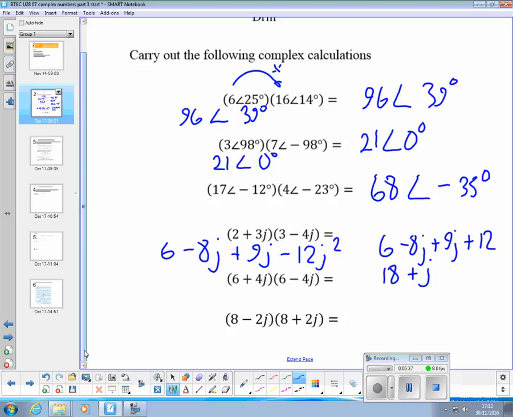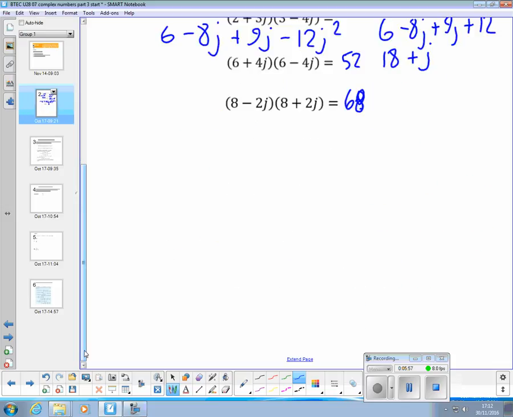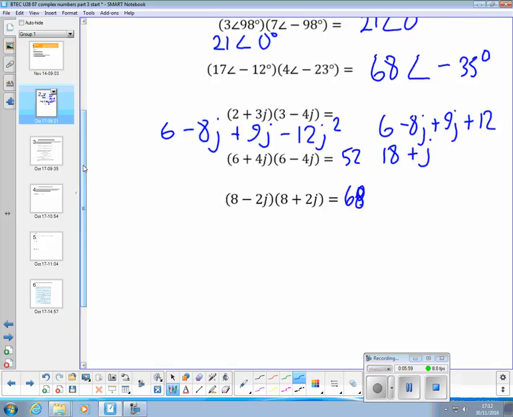Right, the last two. Give me the final answers, someone. 52 and 60. I got 68. So is it 60 or is it 68? Let's go through this one. 8 8s are 64. 8 times 2j is plus 16j.